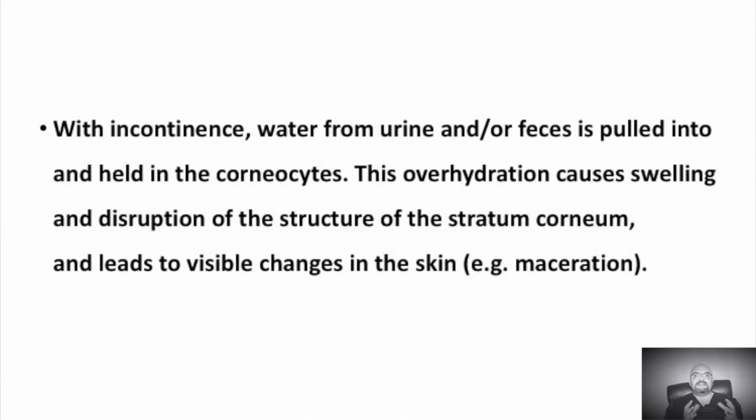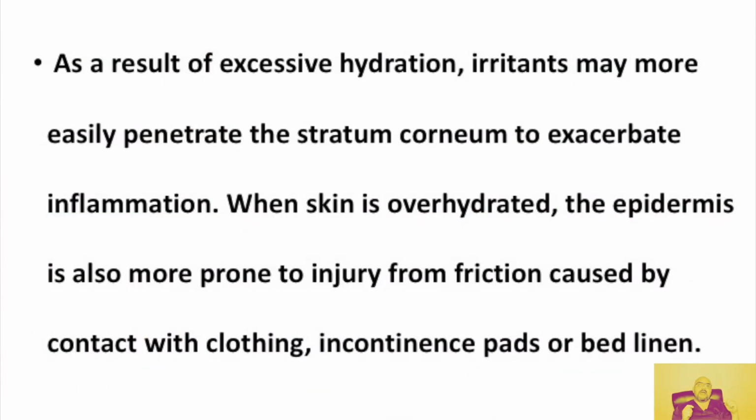In incontinence situations, when the skin gets in direct contact with urine or stool, the moisture will increase. Urine is water and the stool already contains high humidity. This moisture accumulates between the corneocytes and leads to overhydration, which causes swelling and destruction of the structure of the stratum corneum and leads to visual changes in the skin known as maceration.